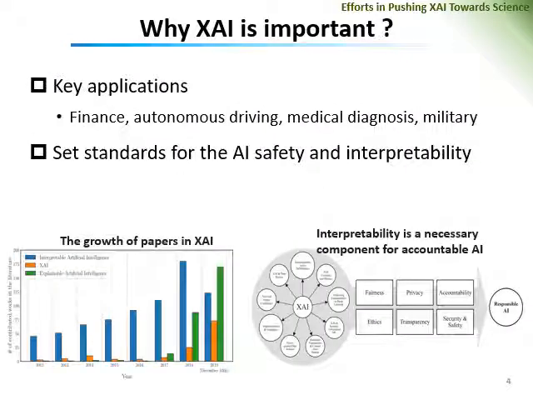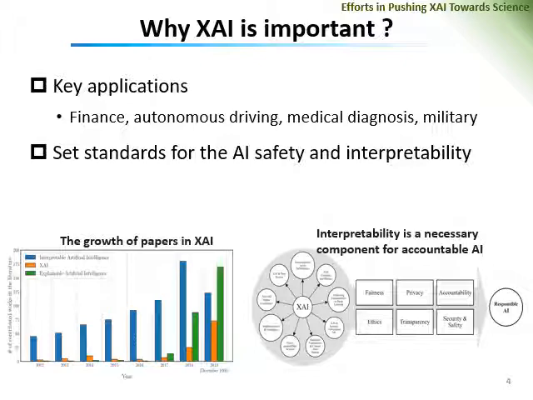Okay, the first problem is why XAI is so important. This figure shows the growth of the paper number recently in XAI. In recent years, you can see the paper number grows so fast.